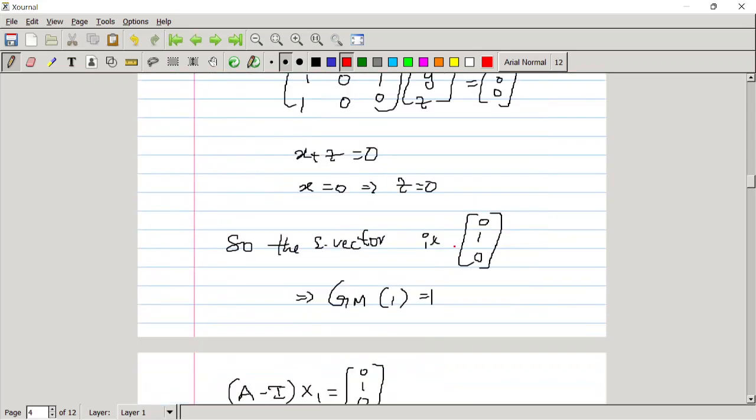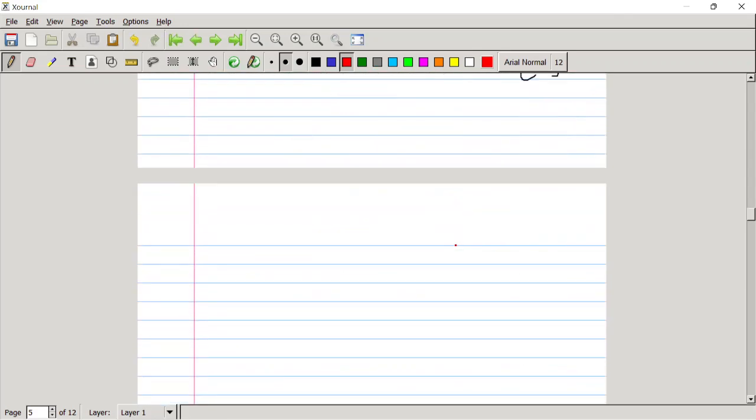Okay, sir. We are given a matrix A, a 3 by 2 matrix. There is a singular value decomposition of A, A equal to U S V transpose, where U is a matrix of 3 by 3 order.